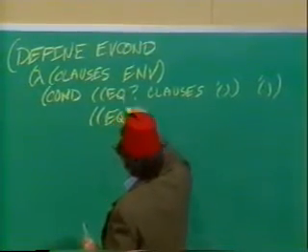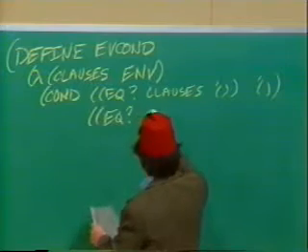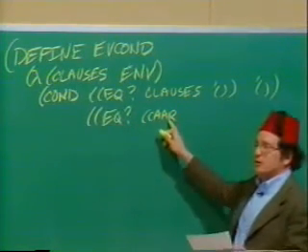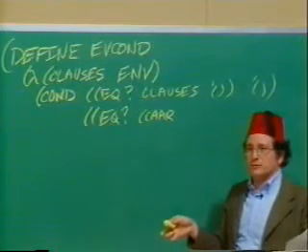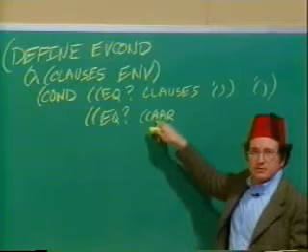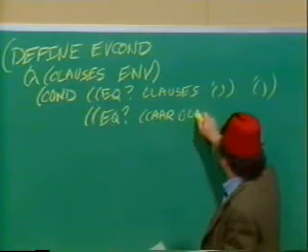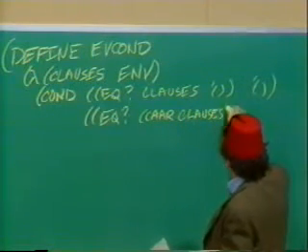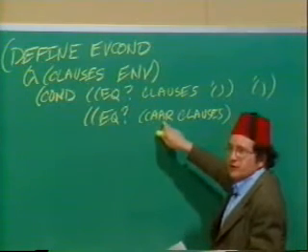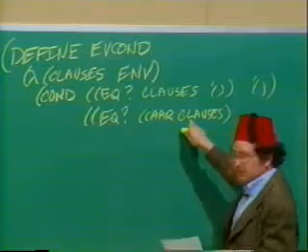If I've got an else clause, you see, if I have a list of clauses, then each clause is a list. And so the predicate part is the caar of the clauses. It's the car, which is the first part of the first clause in the list of clauses. Okay?